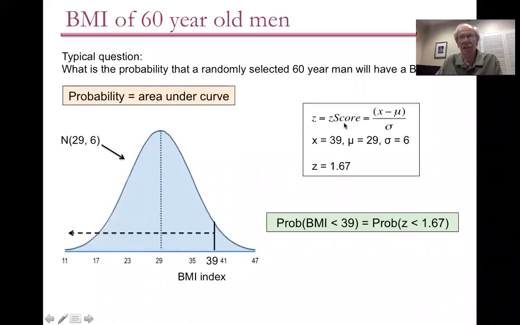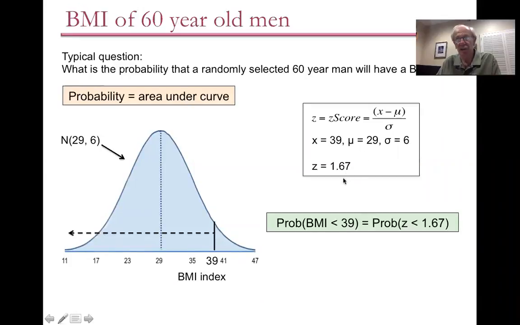I use my z-score formula, and I compute the z-score that's equal to x minus the population mean over the population's standard deviation. I put in x equals 39, mu equals 29, standard deviation is 6. I make that computation and I get 1.67.